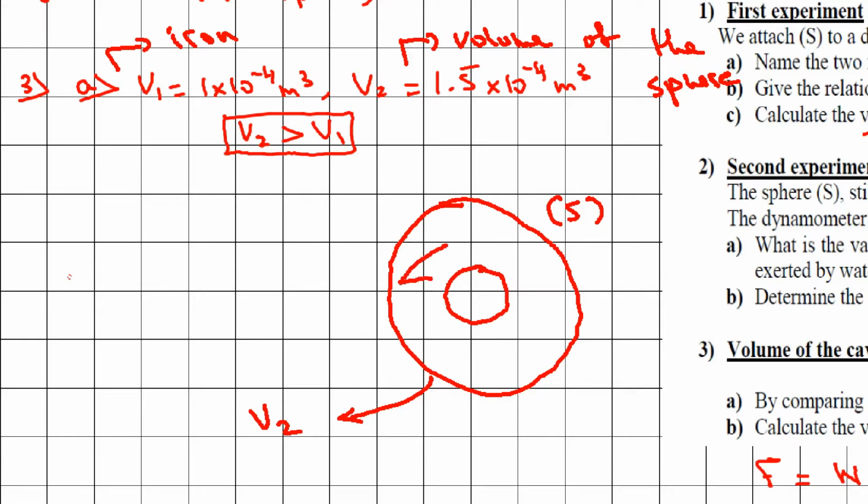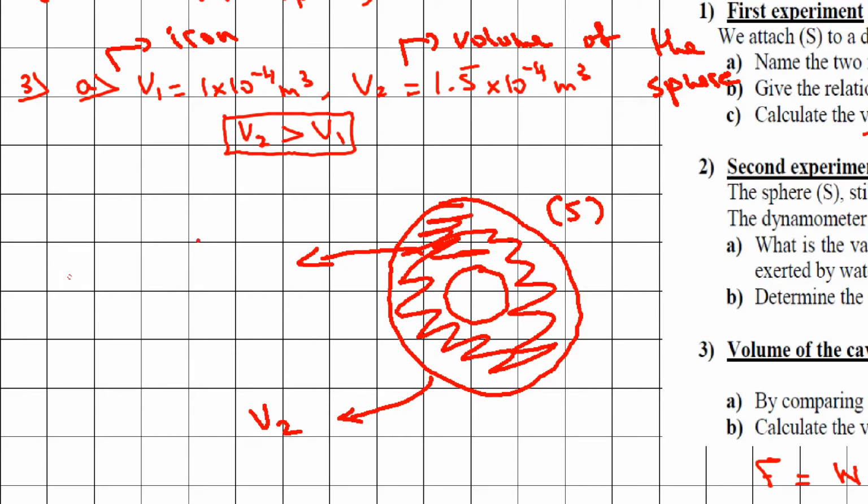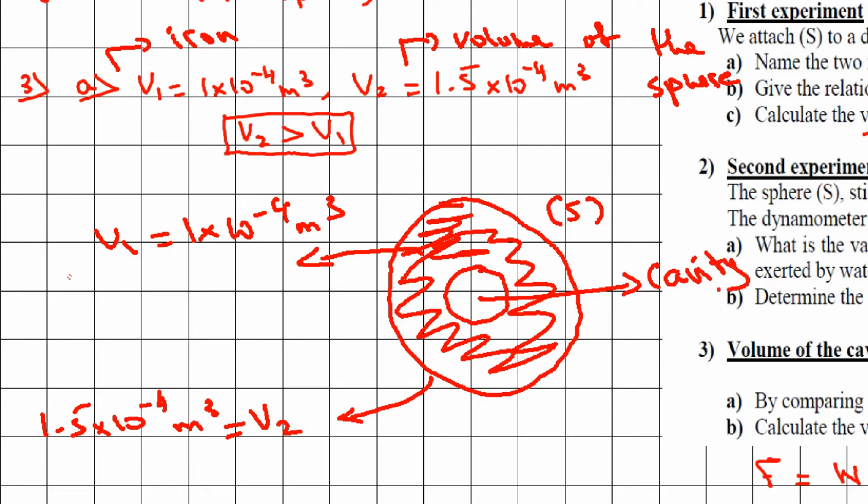So this is the volume V1 represented here, which is 1 times 10 to the power minus 4 meter cube, which is less than the volume V2, given by 1.5 times 10 to the power minus 4 meter cube. The difference between these two volumes is due to the presence of a cavity inside the sphere S, which means that the sphere is hollow.